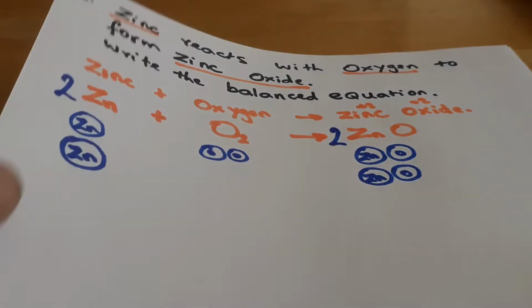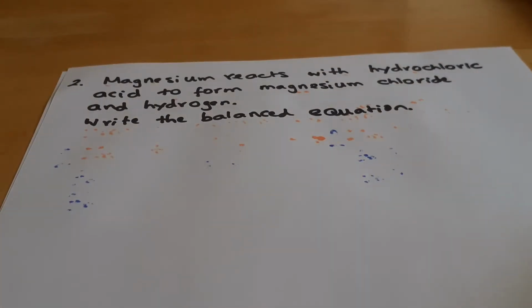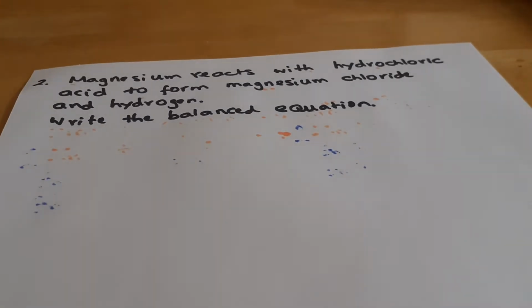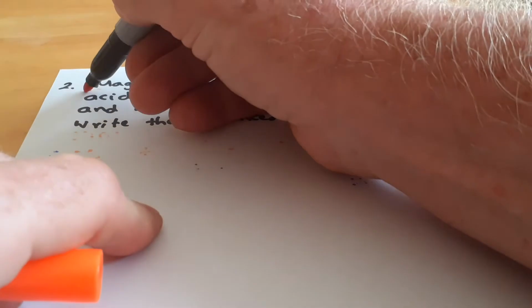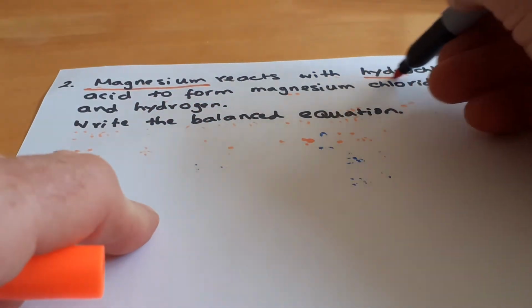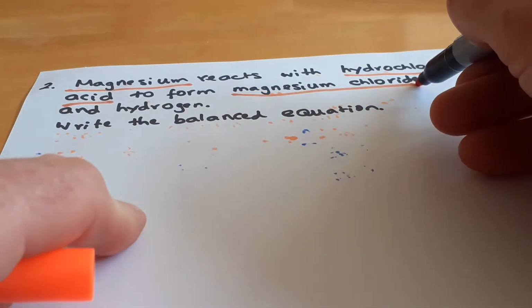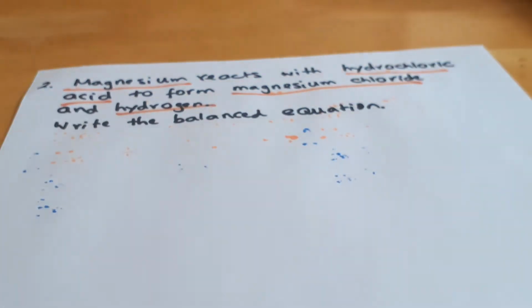Let's look at the next one now. Magnesium reacts with hydrochloric acid to form magnesium chloride and hydrogen.